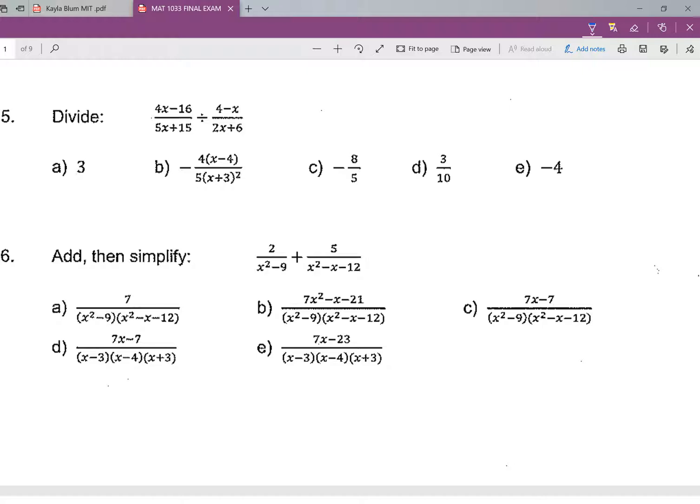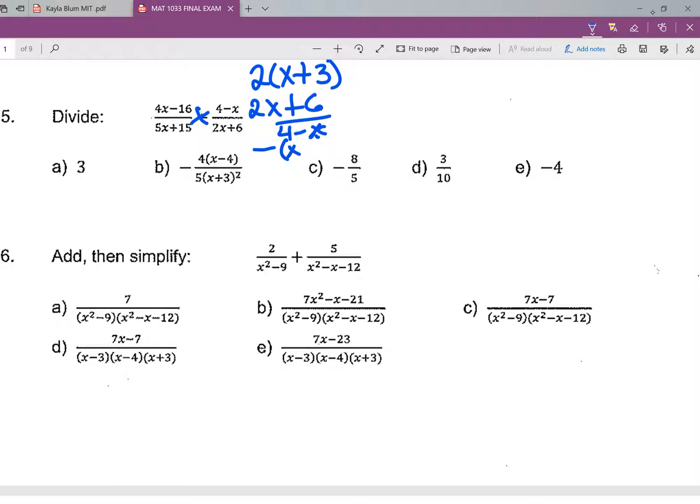Okay, for number 5, what I would do is always use keep, change, flip to start. So I would change this to multiplication, and I would flip this so you have 2x plus 6 over 4 minus x. Alright, and then I would factor out values that are common. So this would become 2 parentheses x plus 3, and this is actually the negative of x minus 4.